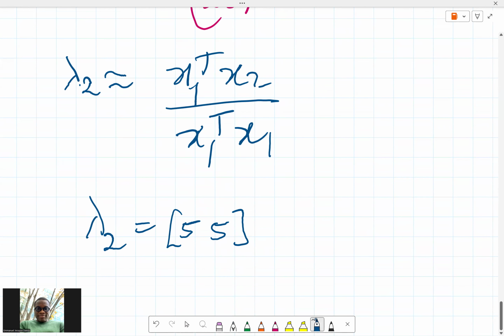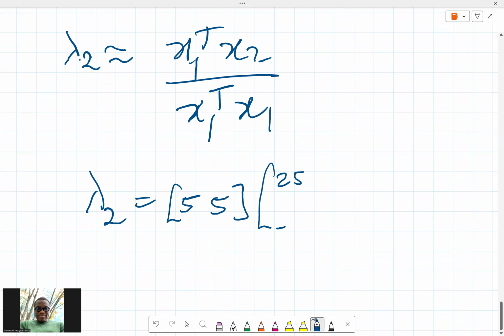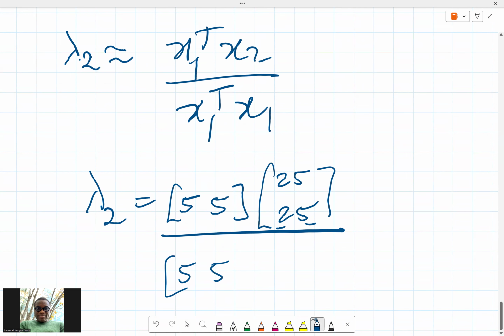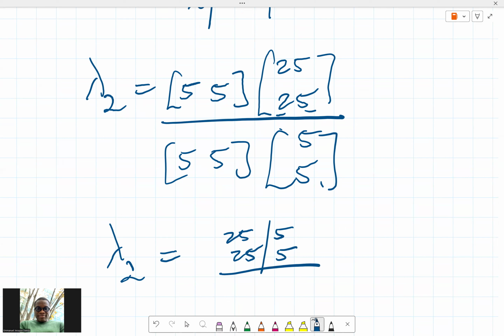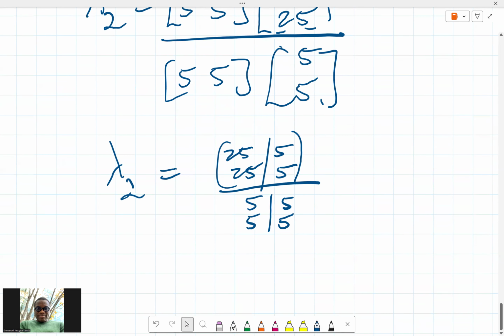So we have 5, 5 like this. Then x2, that's what we just got, which is 25, 25, divided by 5, 5, then 5, 5, like this. So lambda 2 now is equal to 25, 25 multiplied by 5, 5 divided by 5, 5 multiplied by 5, 5. Okay, so we can have it together like this.